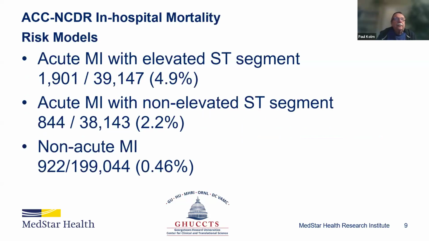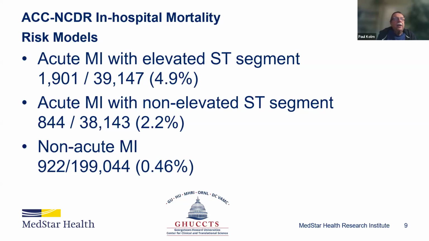So in the database, there are three different patient groups, and what we did is a tree for each group. The first group is acute myocardial infarction with elevated ST segment, then acute MI with non-elevated ST segment, and then non-acute myocardial infarction.